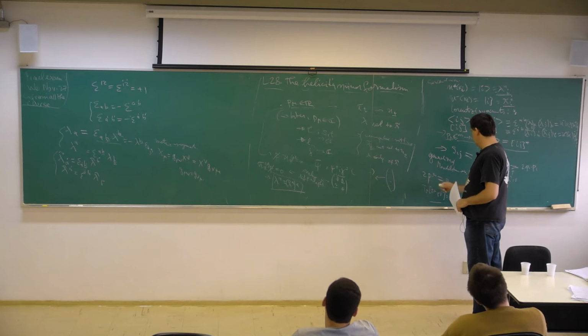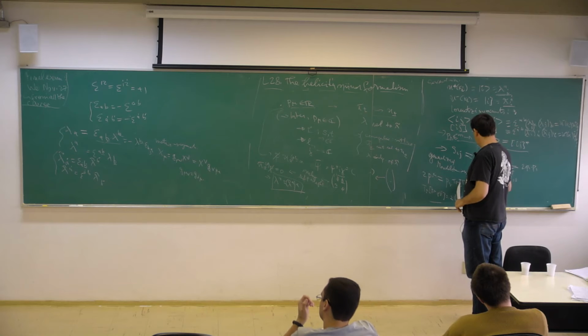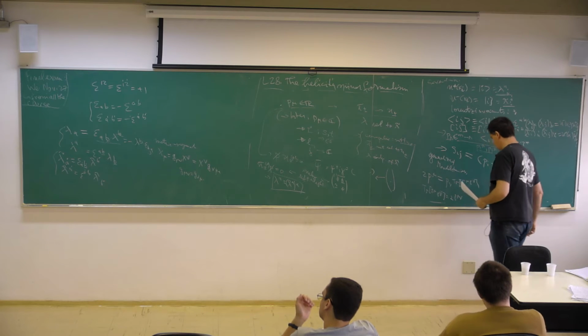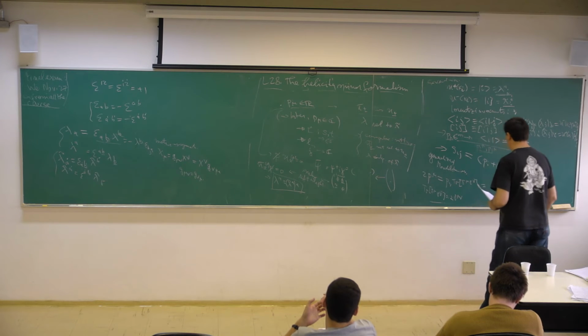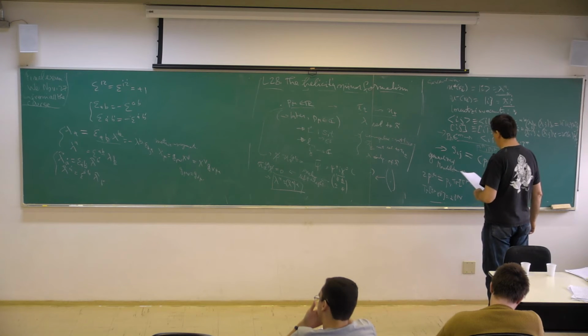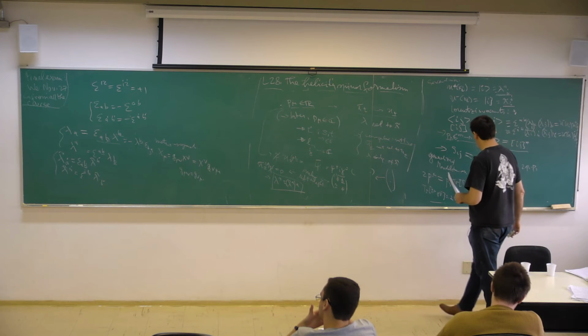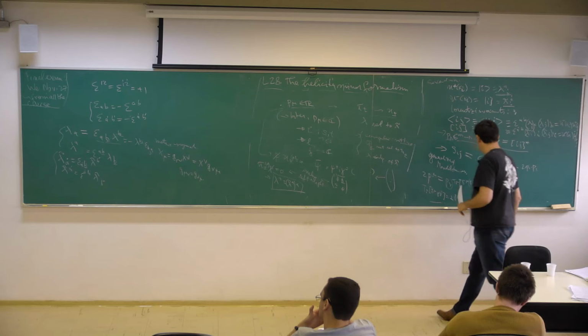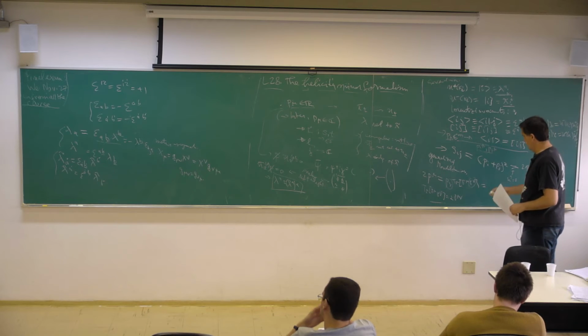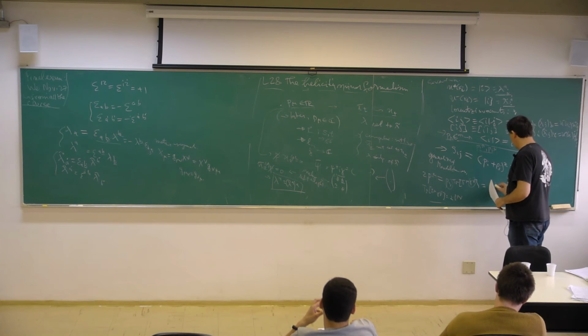So I can write this then as trace p mu trace sigma mu. But then P mu sigma mu is equal to what we call P A B dot.